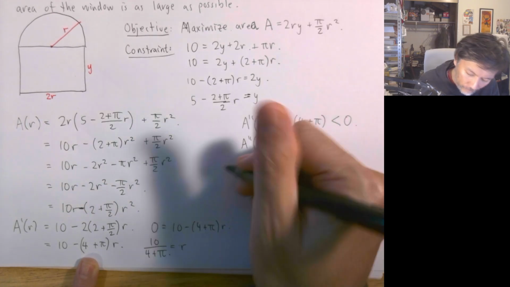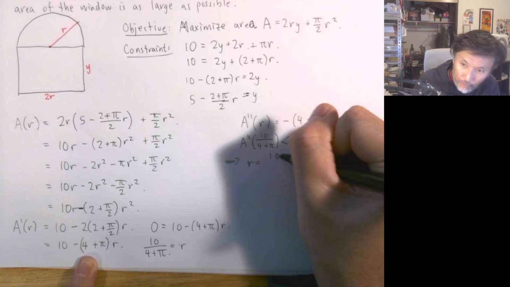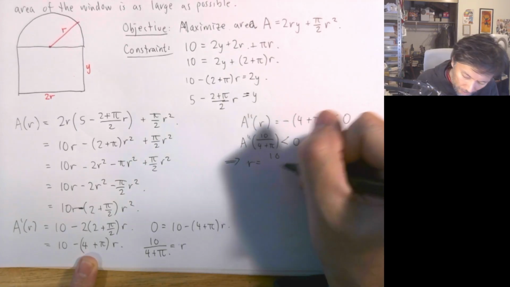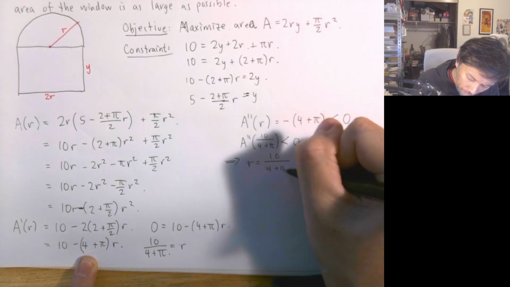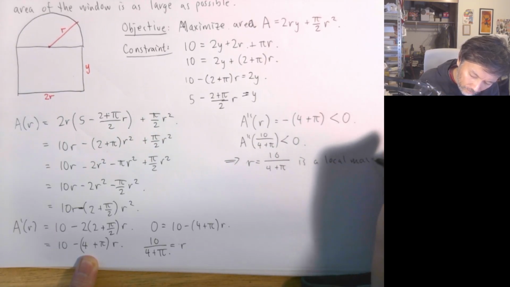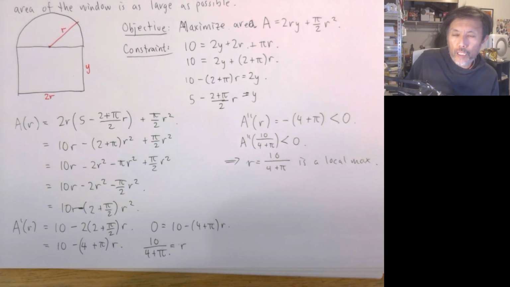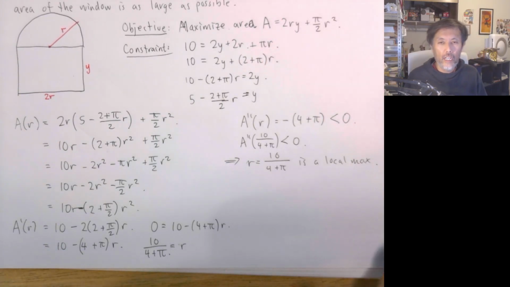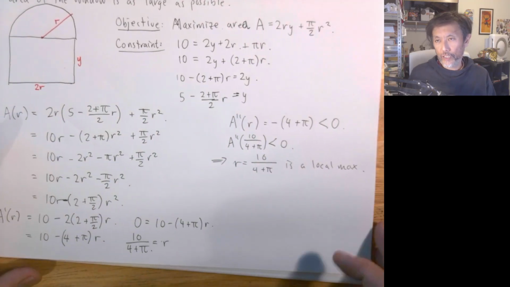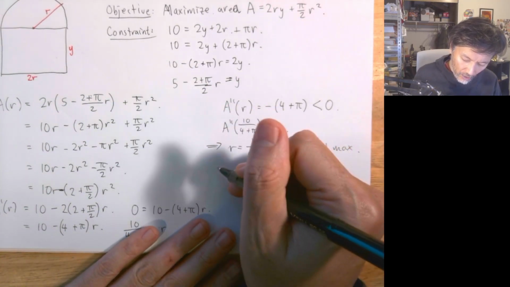Which implies, by the second derivative test, that r equals 10 over 4 plus pi is a local maximum. That's the conclusion that we draw from the second derivative test. But now, this is the only extremum on the positive numbers, hence it is the global maximum.